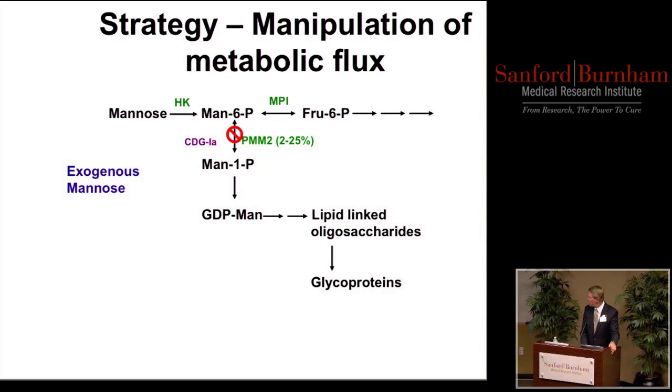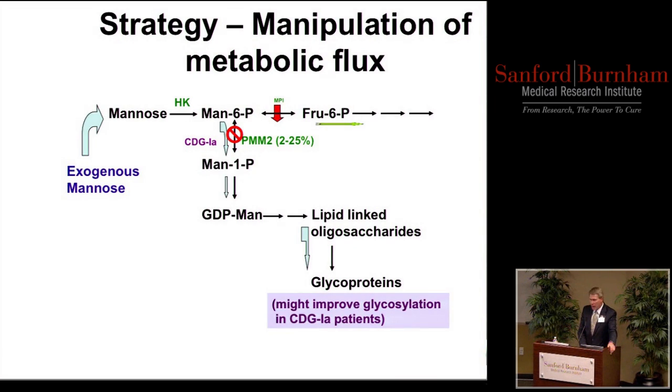Well, normally what happens is exogenous mannose comes in, and most of it's degraded. Degraded meaning that it goes into glycolysis. But let's suppose we could shrink down phosphomannose isomerase. Now what would happen is that mannose 6-phosphate is available to go into the glycosylation pathway, and it might improve the glycosylation.